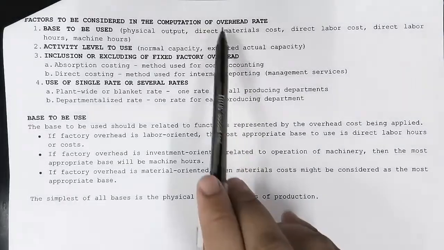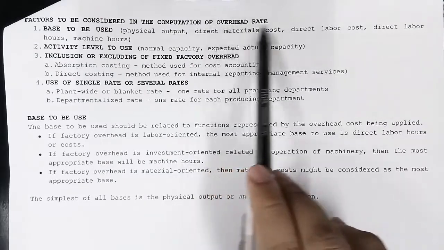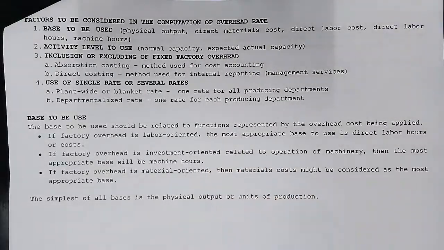So the overhead rate is what you encountered in the cost accounting cycle, and it can be in the form of 100% of direct labor cost. Factory overhead applied is 80% of direct labor cost. So that is what is meant by overhead rate.